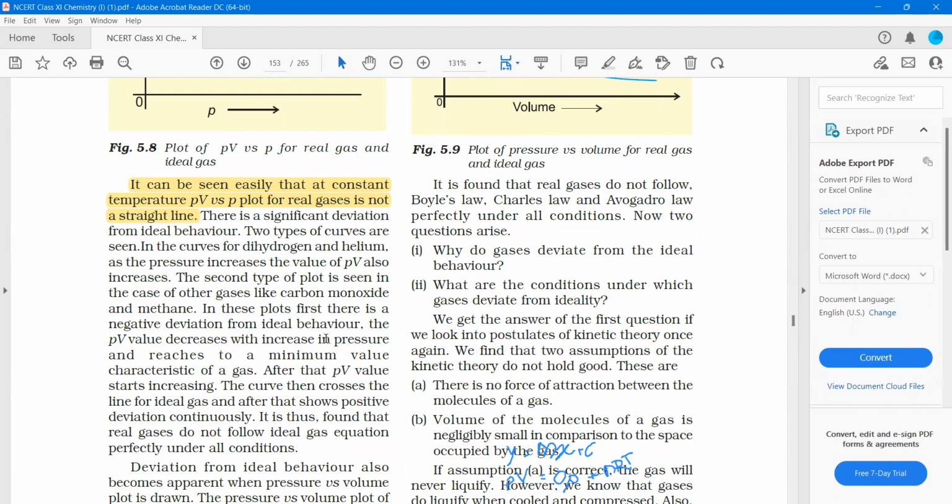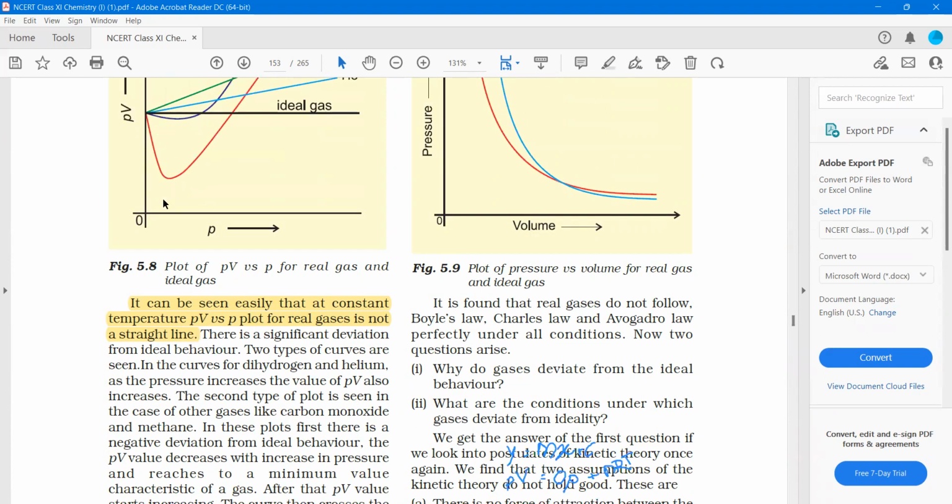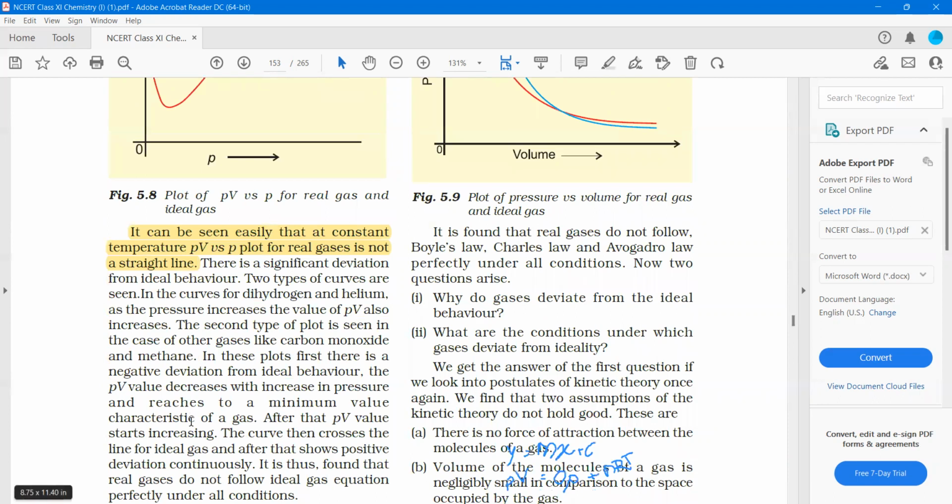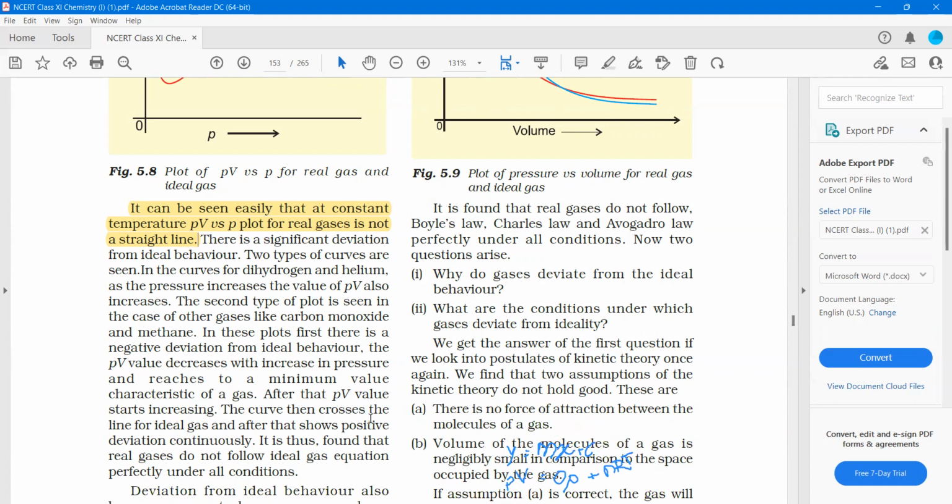The PV value decreases with the increase in pressure initially and reaches a minimum value, which is characteristic of a gas. This minimum value is different for different gases, which is why it is said to be characteristic of the gas. After that, PV starts increasing with further increase in pressure. The curve then crosses the line for the ideal gas and after that shows positive deviation continuously.